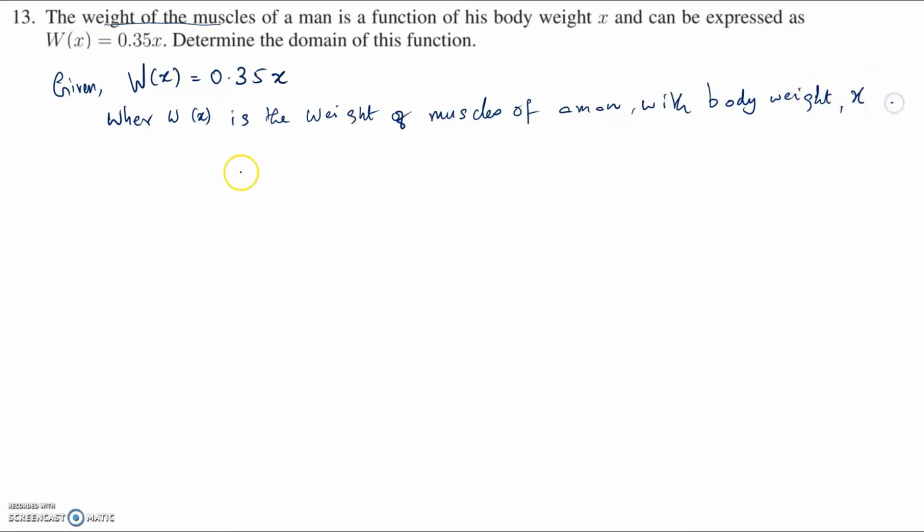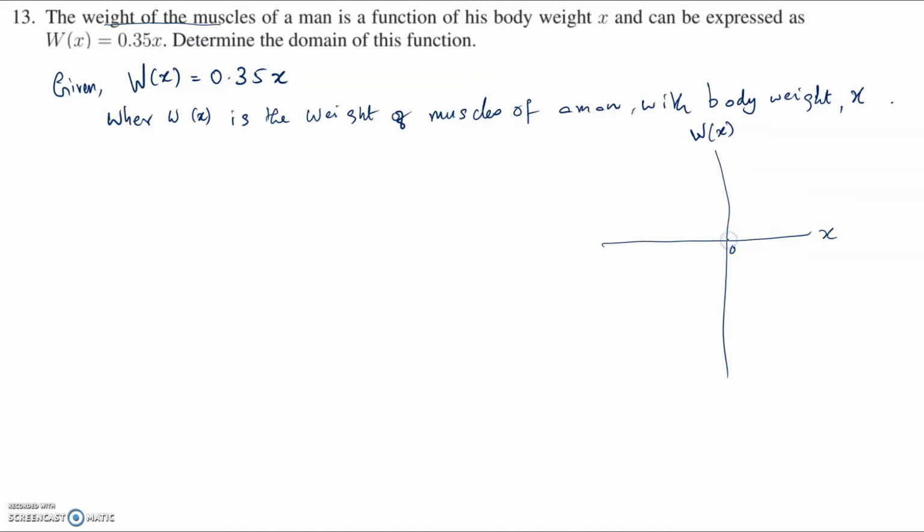Okay, now if you're going to sketch this graph with the x-axis as the body weight and the y-axis as the weight of muscle, we do not know what's the smallest value that x can take. This starts from 0, but we certainly know that x cannot be negative. It has to be a positive number.